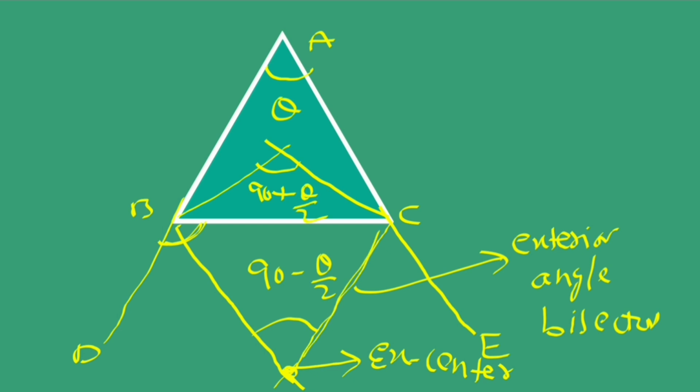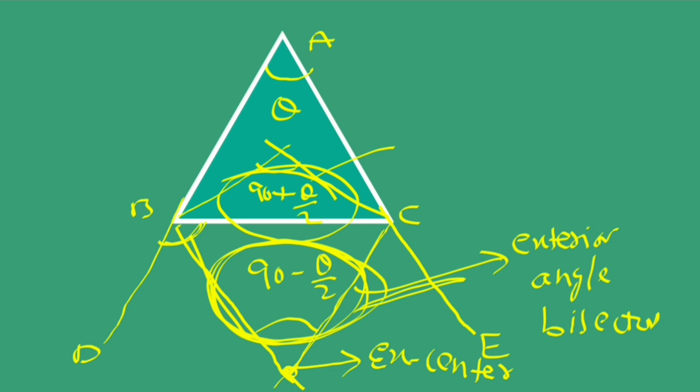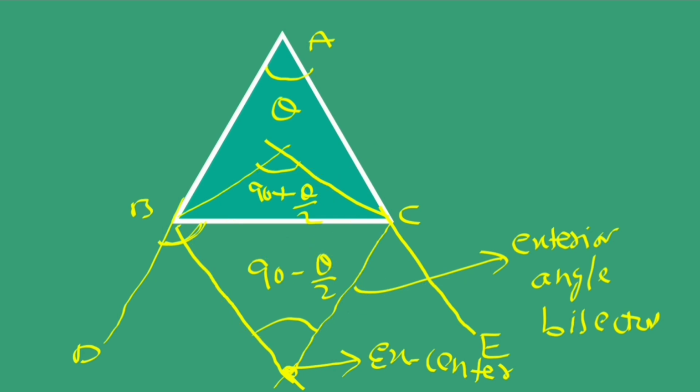When exterior angle bisectors are there, then it is 90 minus theta by 2. Remember this formula. Don't confuse interior angle bisectors and exterior angle bisectors. When interior angle bisectors are there, 90 plus theta by 2. When exterior angle bisectors are there, 90 minus theta by 2 is the formula.